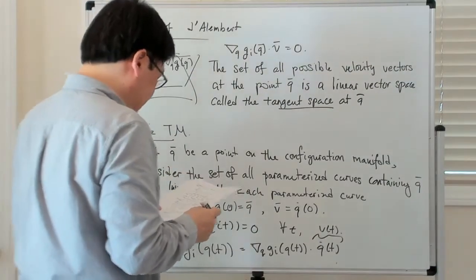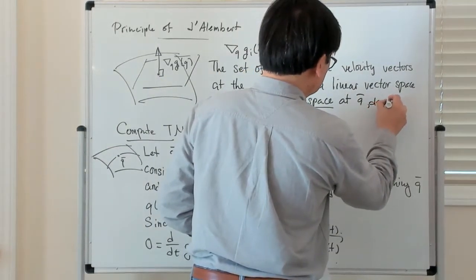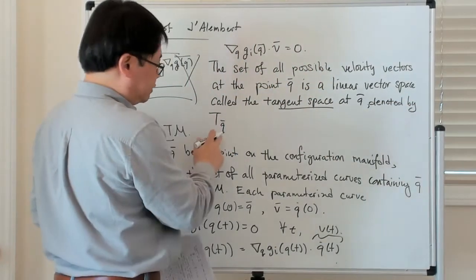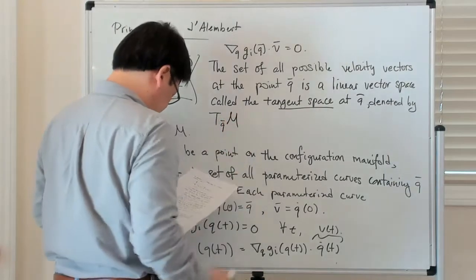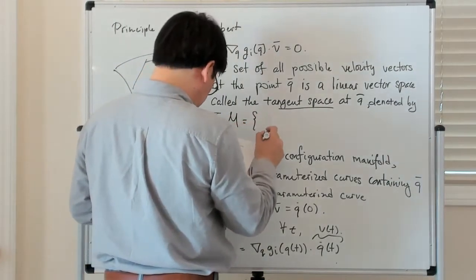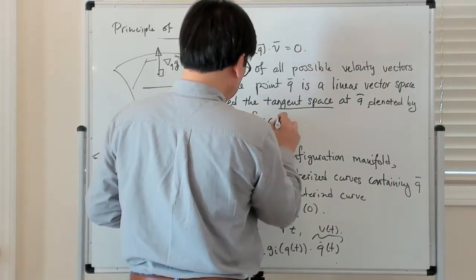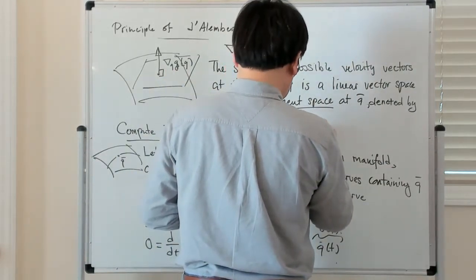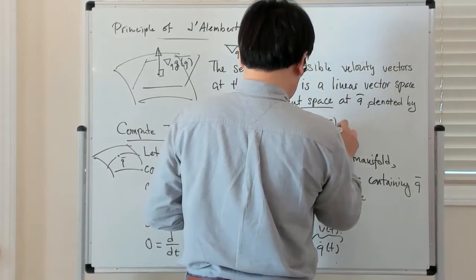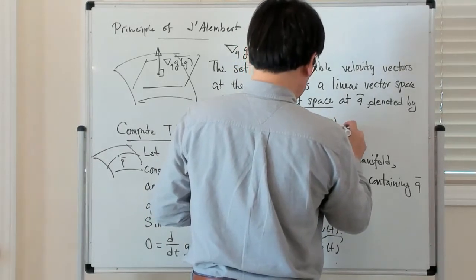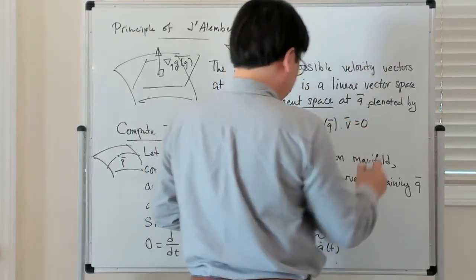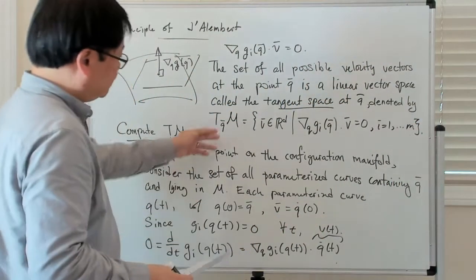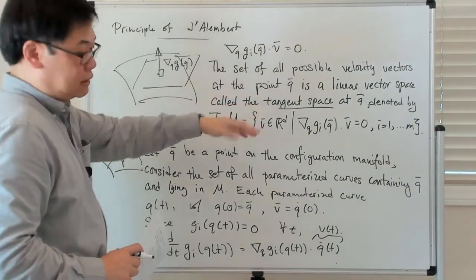It's denoted by T_Q bar M, so that tells me the base point of M. This is the set of V bar in R^d with the property that the gradient of g_i at Q bar dotted with V bar is equal to 0 for i equal to 1 to m. So it has to be normal to all the gradients of all the constraint functions.